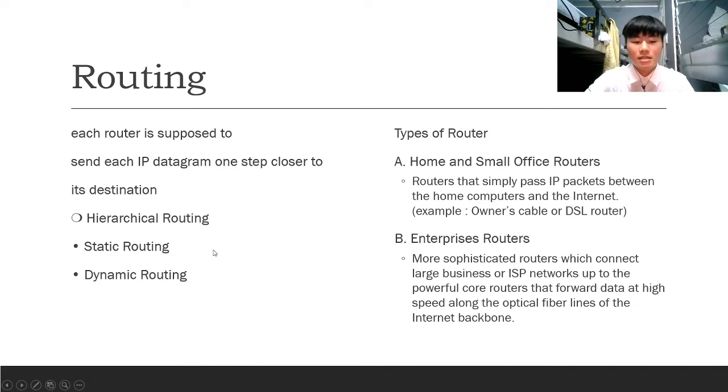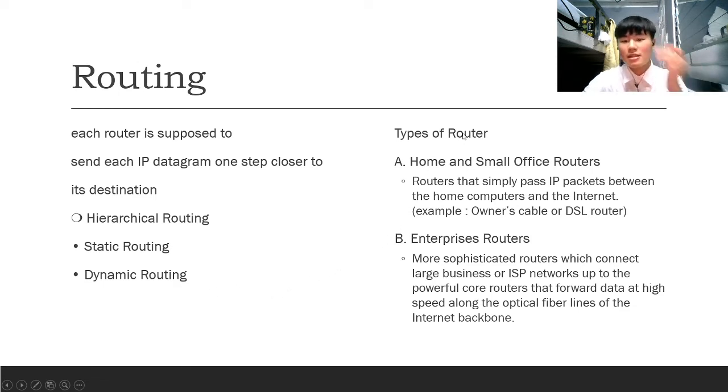And there are dynamic routing protocols, which enable the routers to automatically append information to their routing tables from linked routers. So there are different upsides and downsides between static and dynamic.